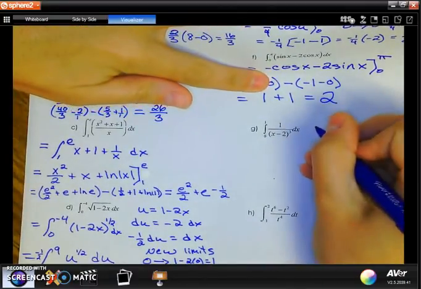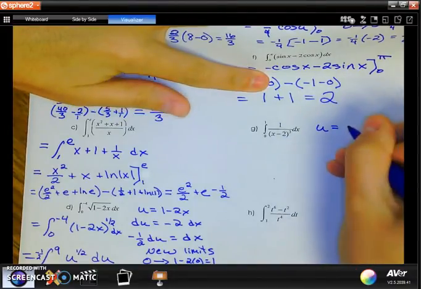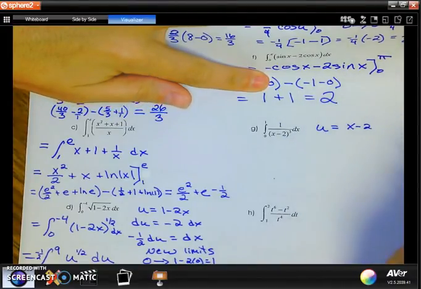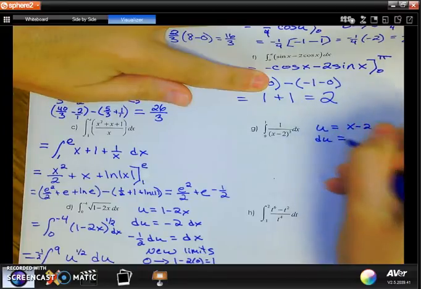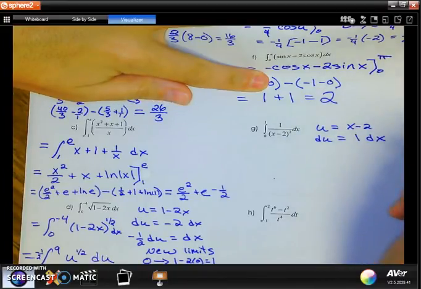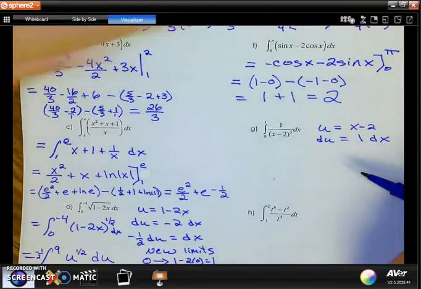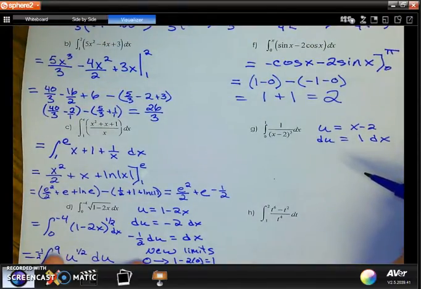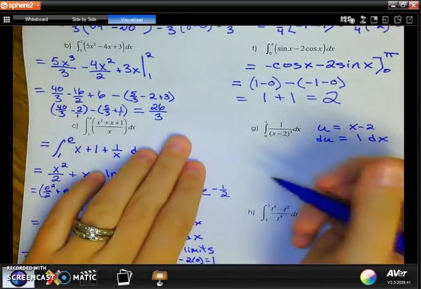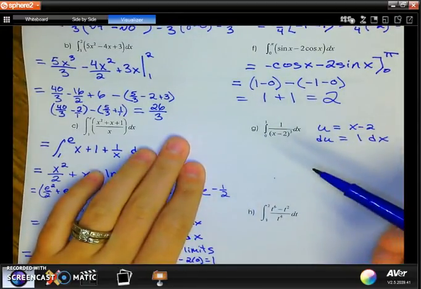Okay, so I'm going to say that u, for this one, I like to make u whatever's in the parentheses there. So that means that du is going to be 1 dx. Okay, that actually works out perfect because that's what I have left, so I do not need to make any adjustments to the du. I can just go ahead. I do need to adjust my limits though.